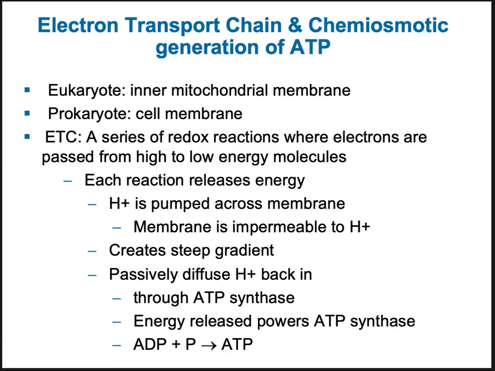And that channel is actually an ATP synthase. So it's actually also an enzyme, okay? And the enzyme will open up the channel and allow some of the protons to flow back through. And the energy that's released from that steep gradient and allowing a few protons back in is enough energy to power the synthase to force that third phosphate group onto ADP and produce ATP.